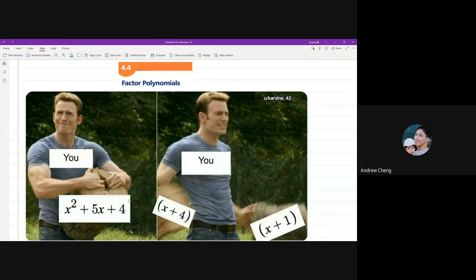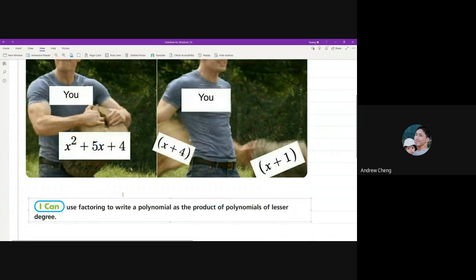Okay, the video is to review how to factorize polynomials, right? What is factorizing polynomials? Basically, I can use factoring to rewrite a polynomial as a product of polynomials of a lesser degree.